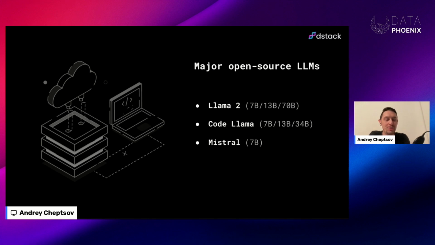Model size is a number of parameters, a way to say how large the model is, how many parameters were used to train it. It operates in 7 billion, 13 billion, and 70 billion parameters. So you can expect that the quality is typically better for larger models.